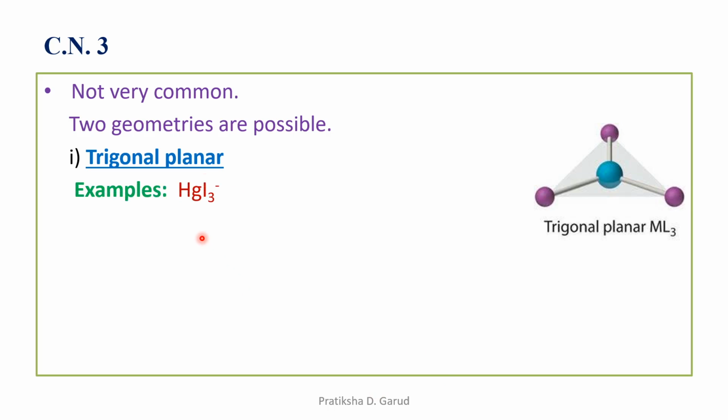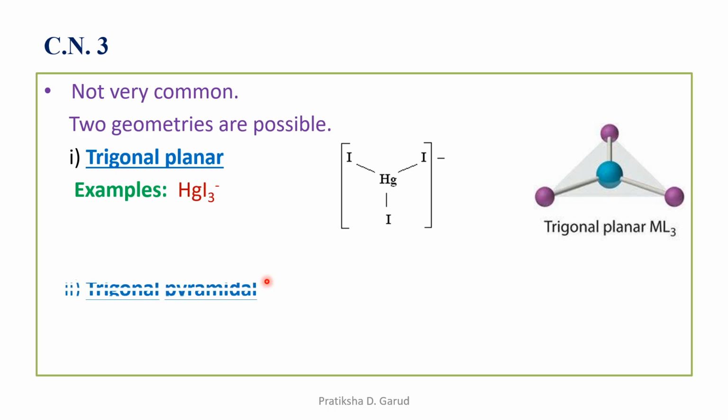Its example is [HgI3]-. That means at the center we have mercury, Hg, attached to 3 iodide ions, right? And all the 4 are in one plane, and therefore it is called the trigonal planar. The second geometry for the coordination number 3 is the trigonal pyramidal.